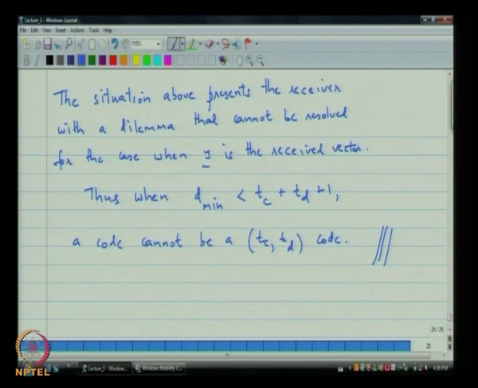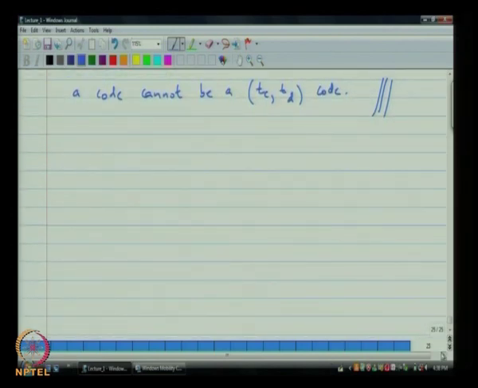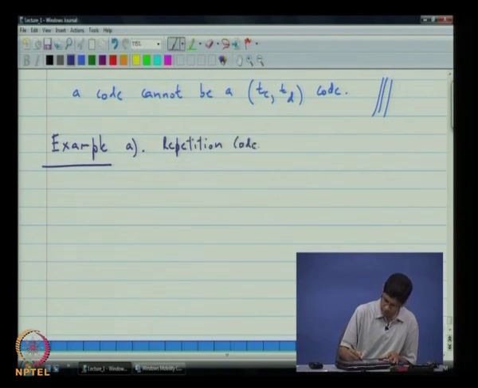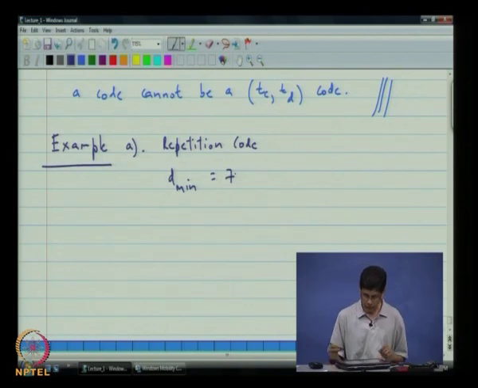And now let us go to our example codes. The first code being the repetition code. For the repetition code, the minimum distance of the code was 7. We saw this earlier.